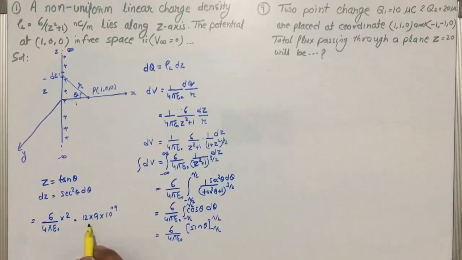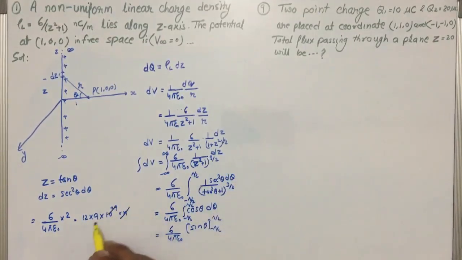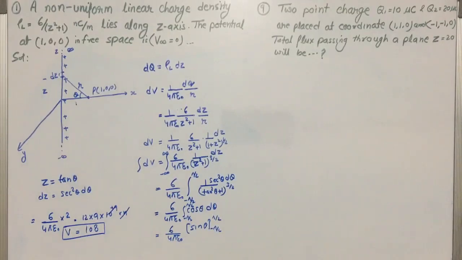So this is in nano, so this nano will die out, and 12 into 9 is 108. This will be the final answer of the potential at this point due to this line charge. Hope there is option 108, that will be okay.